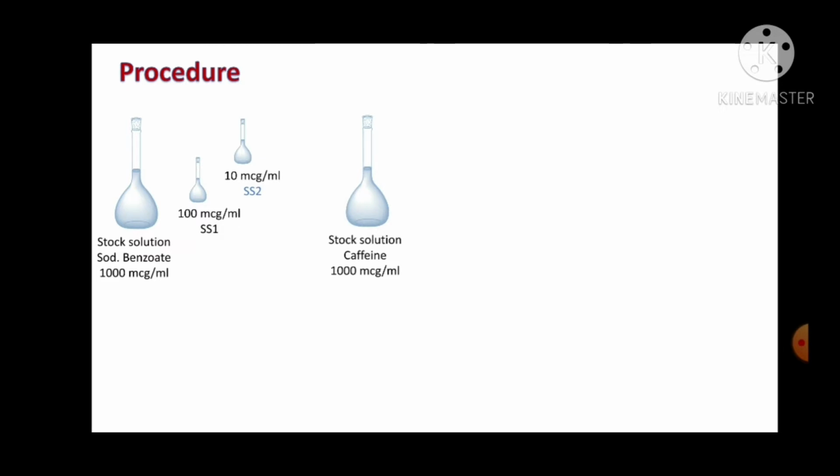This is standard caffeine, again with a concentration of 1 mg or 1000 microgram per ml, and we can do these dilutions to prepare SC1 and then SC2. By mistake I said SC1 twice, so the second one will be SC2.